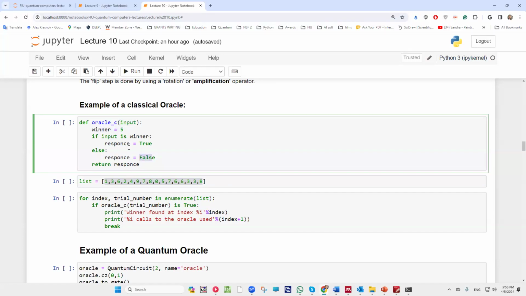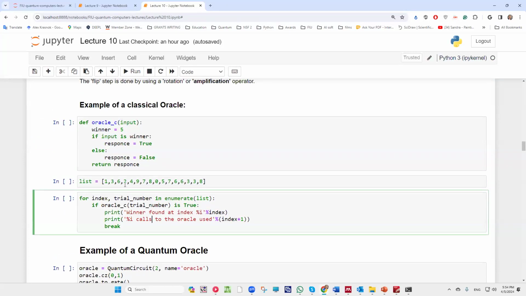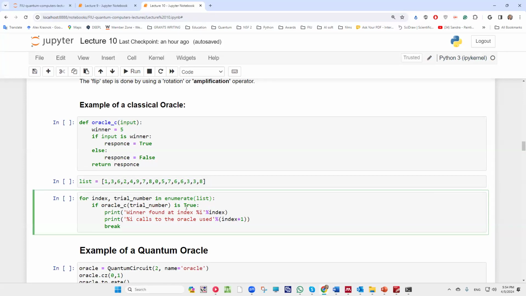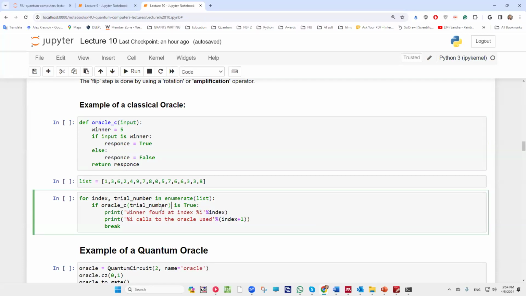But if the input is correct, it returns true. So this is how this oracle function works. This is a classical oracle function. So now let us just enumerate all these elements in the list and put these elements as an input to the oracle and print only the correct answer, right?